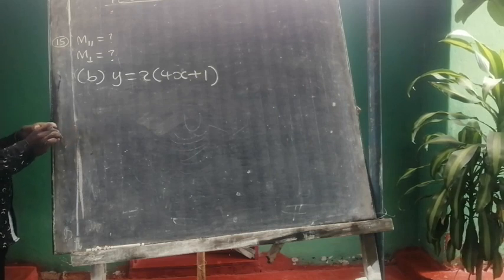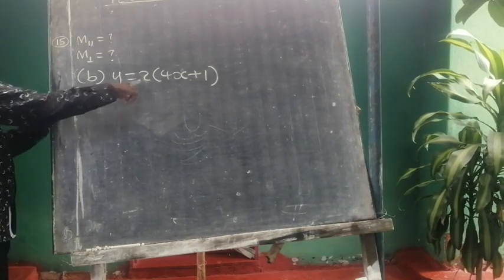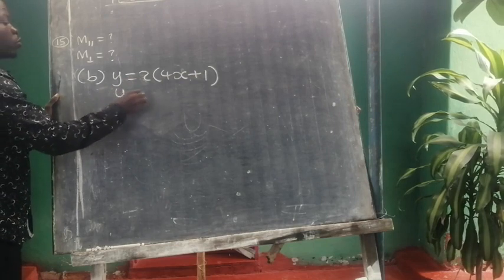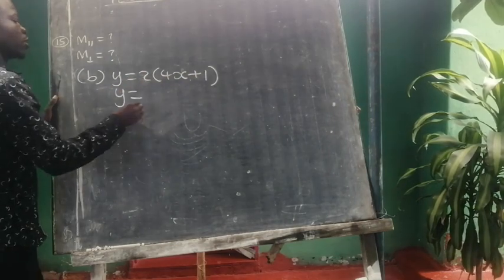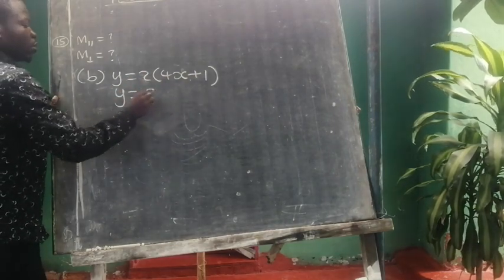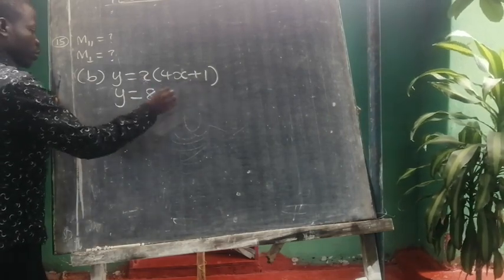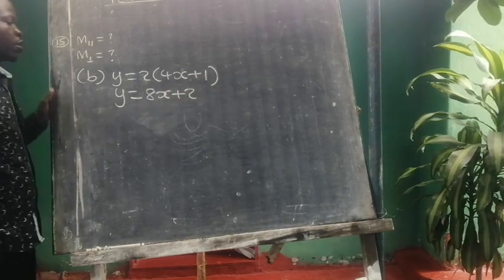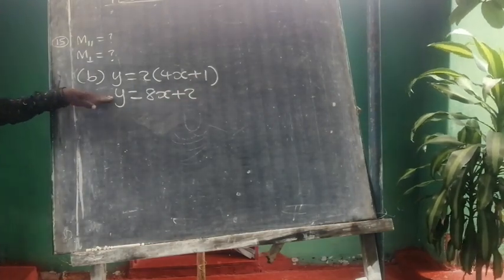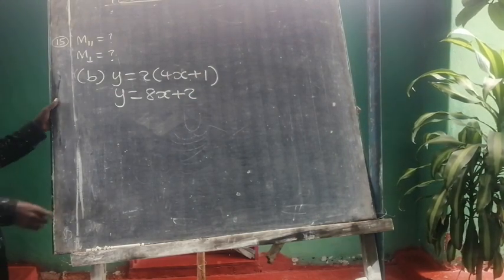So let's remove the brackets. That's step 1, by distributing 2. So y equal to 2 times 4x, 8x, and 2 times positive 1, positive 2. y is already the subject of the formula, so now we can pick the coefficient of x as our gradient.